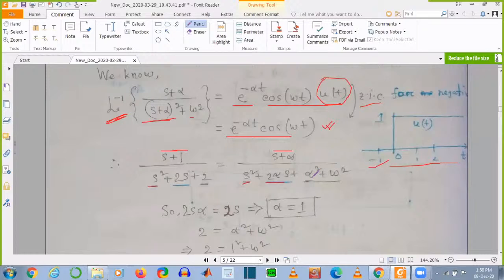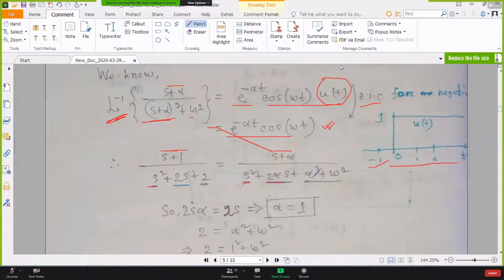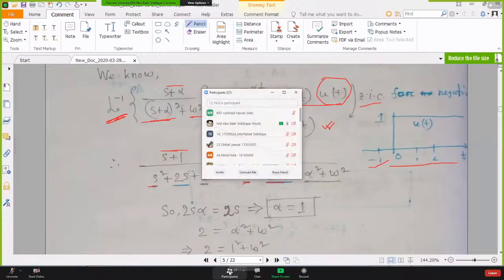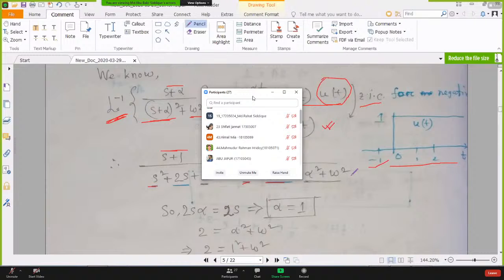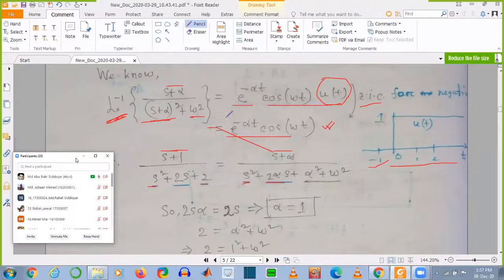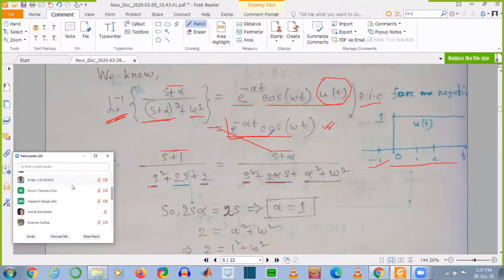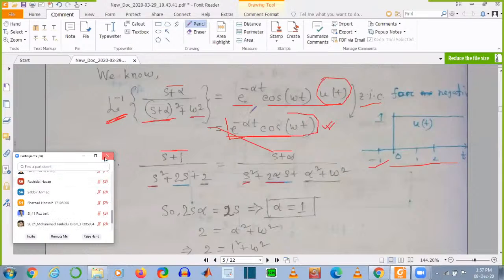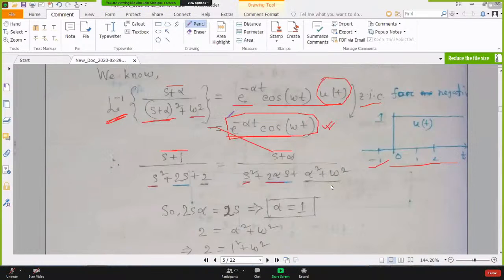And in the numerator, we have s plus alpha. In the denominator, we have (s plus alpha) square, which is s square plus 2 alpha s plus alpha square, and we also have omega square. Now, this is the formula, and it outputs e to the minus alpha t cos omega t. That is my output from the given formula.